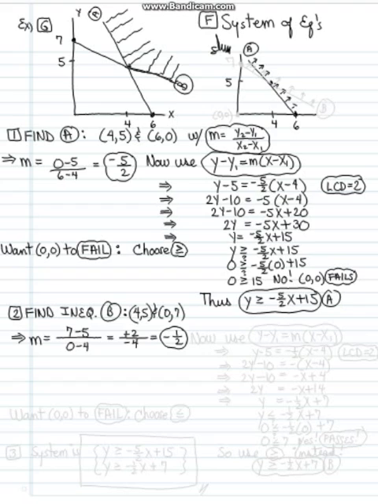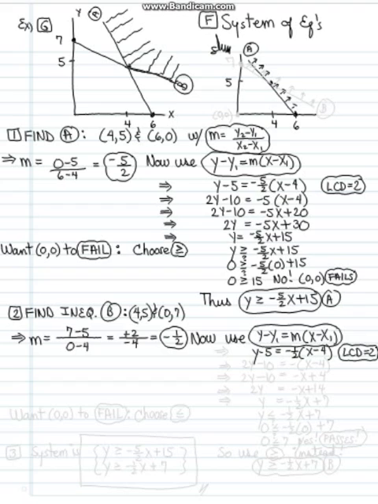Okay, now use y minus y sub 1 equals m times x minus x sub 1. Plug in the values for the ordered pair 4, 5 and the slope negative 1/2. So we get y minus 5 equals negative 1/2 times x minus 4. The LCD again happens to be 2.